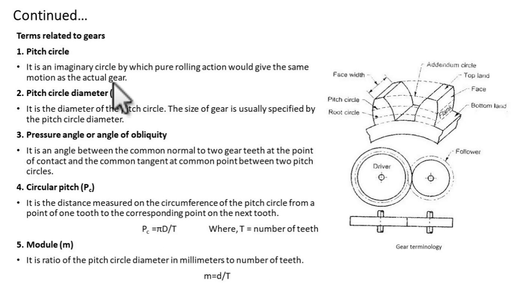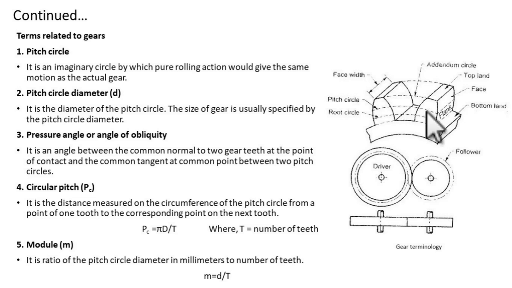The first one is pitch circle. So pitch circle is nothing but an imaginary circle by which pure rolling action would give the same motion as the actual gear. Here, what happens when one gear meshes with the other gear?